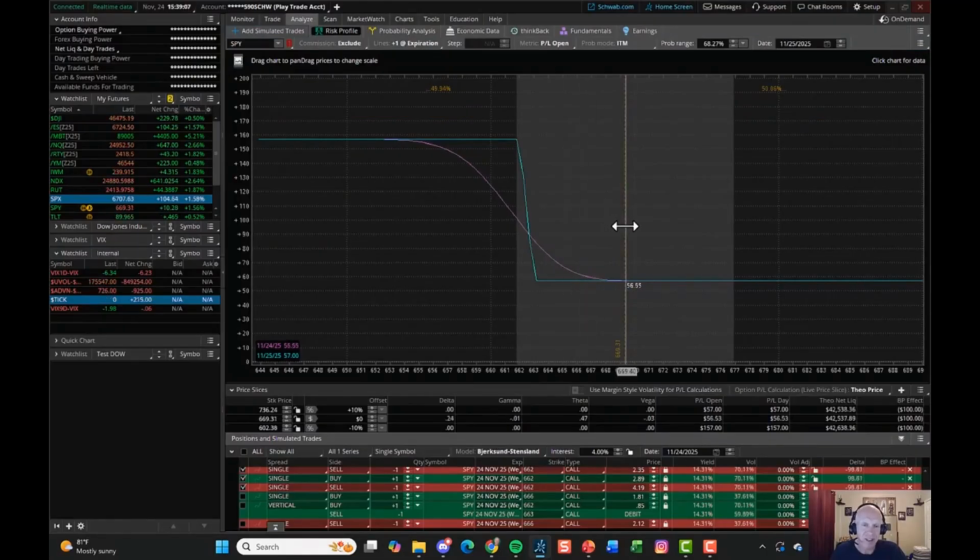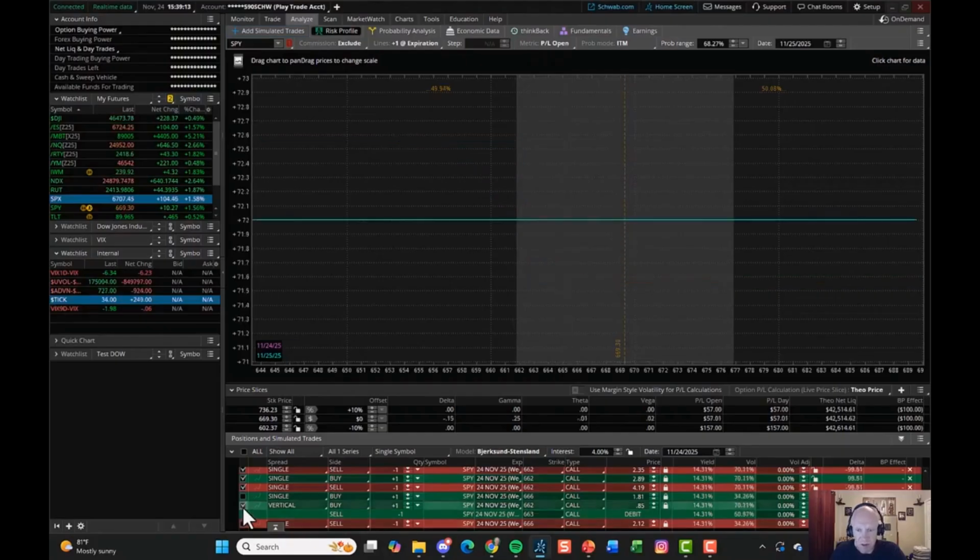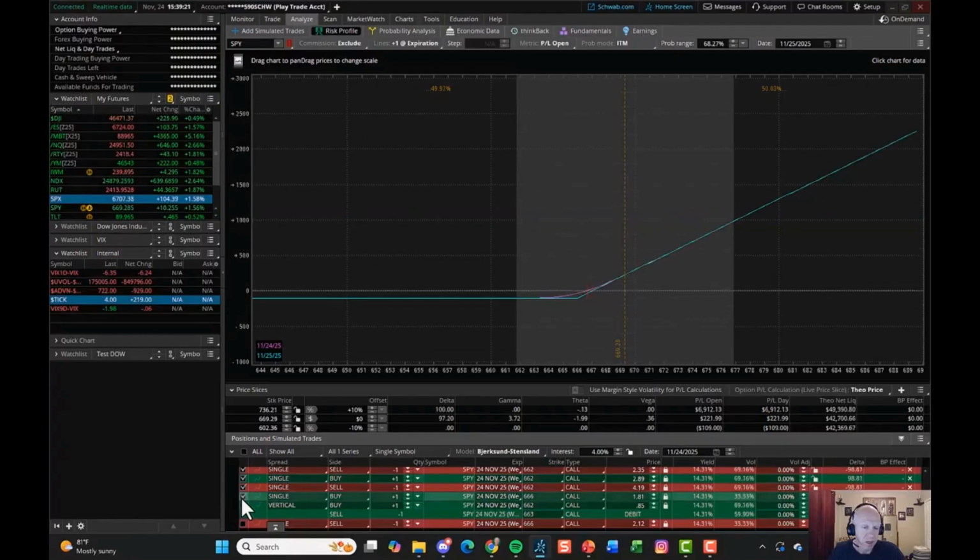I think it was $70 when I closed it, I had $72 when I closed it out. So I closed this out, and I buy this 666 call. So now I only have $109 in the market, and I'm still long the market.